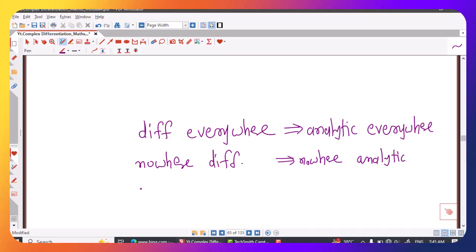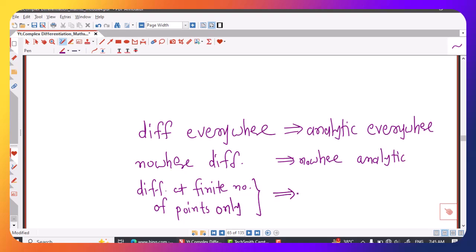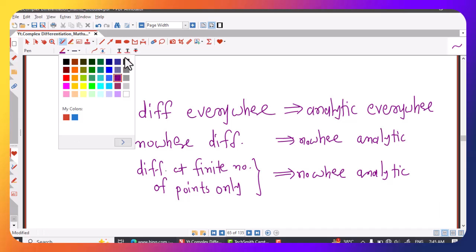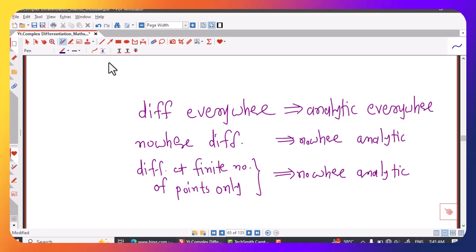And if your function is differentiable at a finite number of points only, then also it is nowhere analytic. So these are the simple remarks that will be helpful for checking the analyticity of a given function.